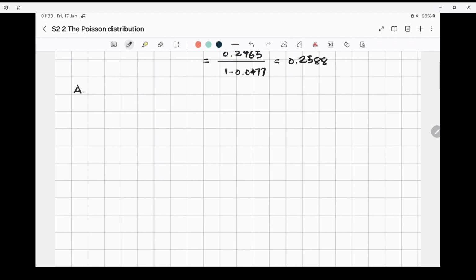Approximation of Poisson distribution as a normal distribution.